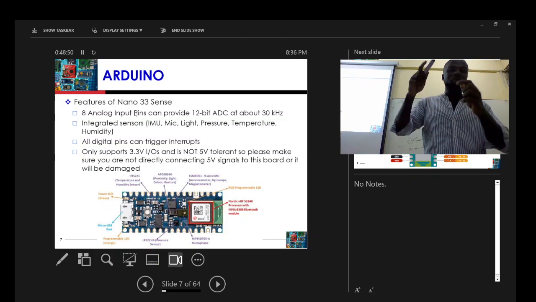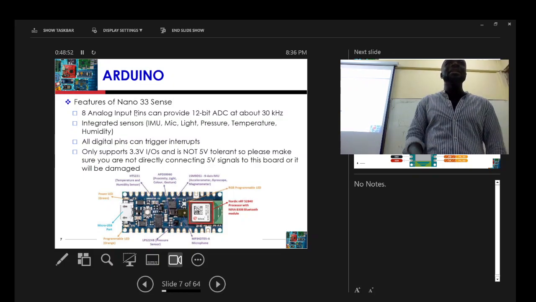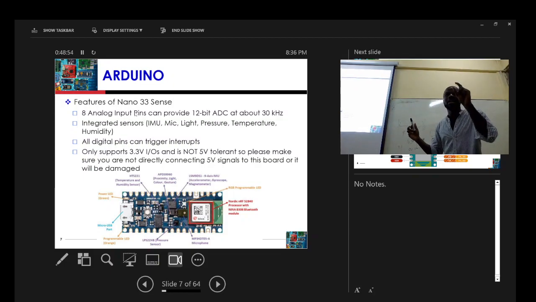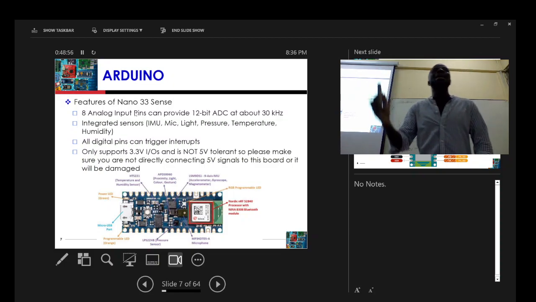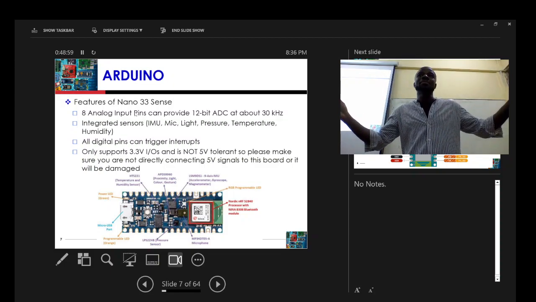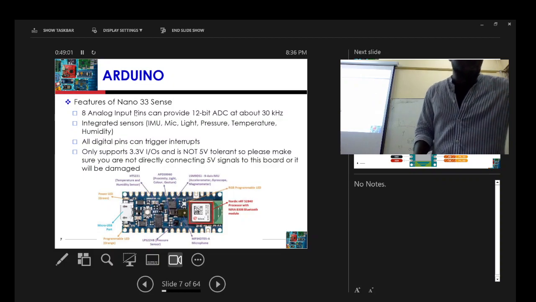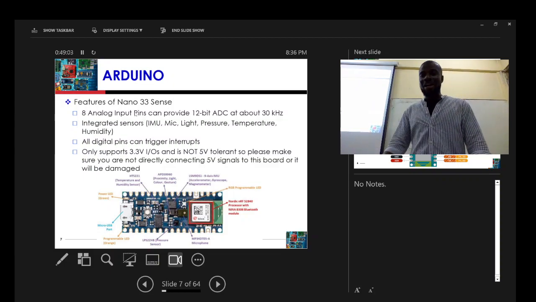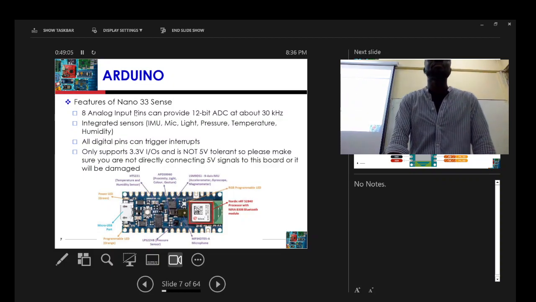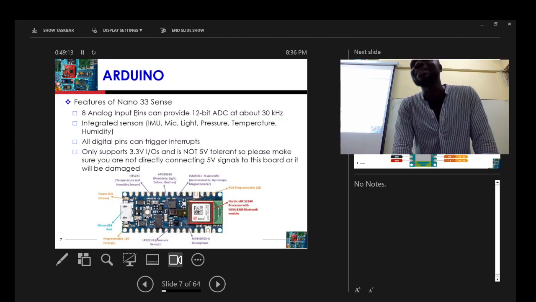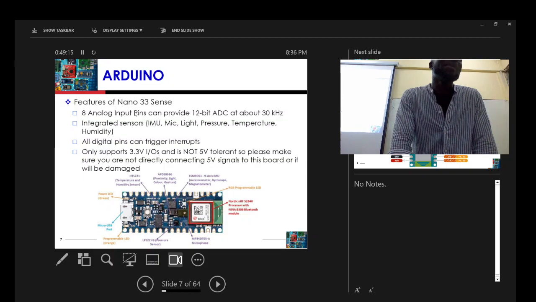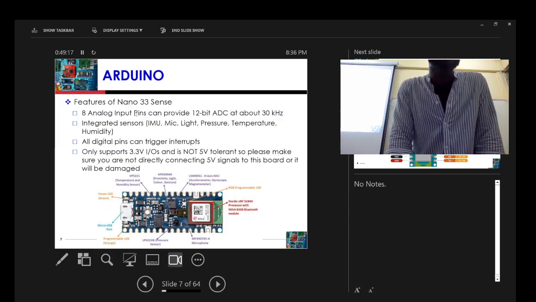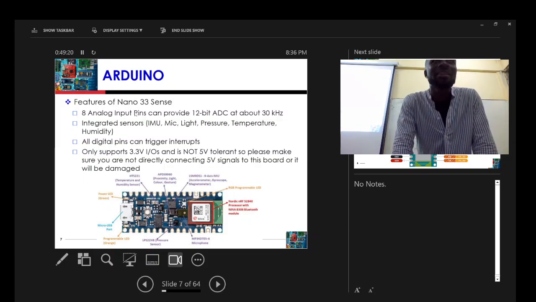Understood? So this is one technique to dim the LED using the digital pin. But if it was an analog pin, I can just reduce the voltage and then it will dim. But again, the analog pins are what?